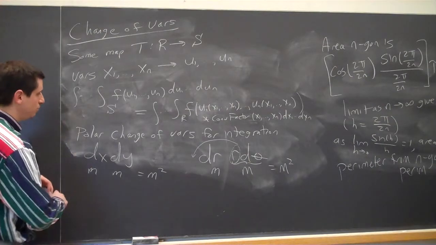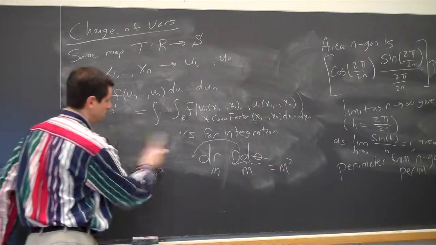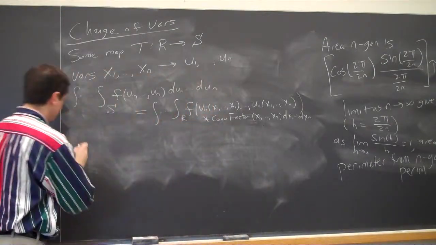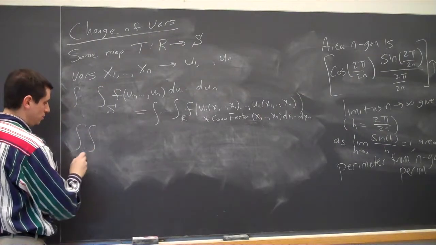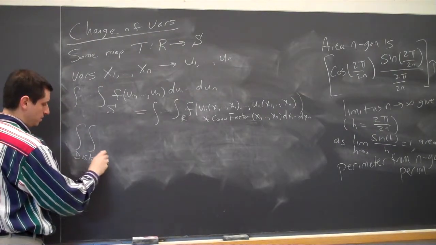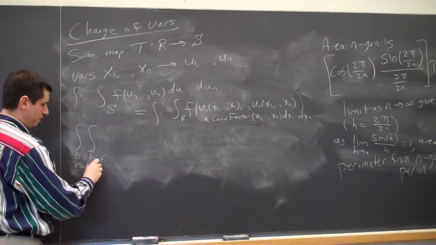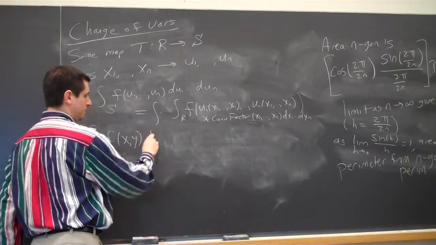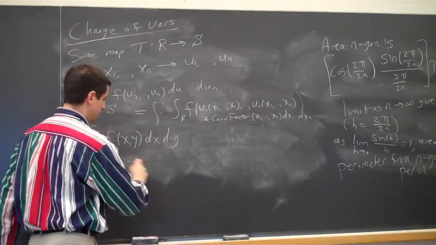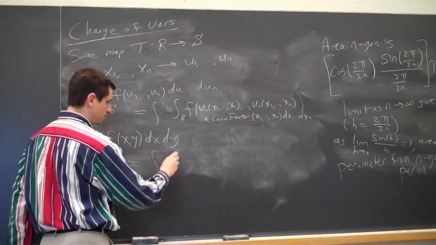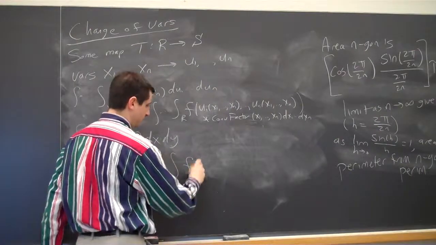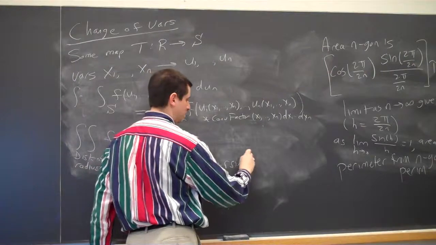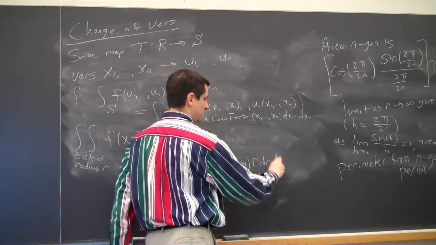And so what I want to do is I'll write down the formula for polar, and then I'll talk to you about why it's true. So the integral over a disk of radius big R of f of x y dx dy is equal to the integral of f of r cosine theta, r sine theta, r dr d theta.